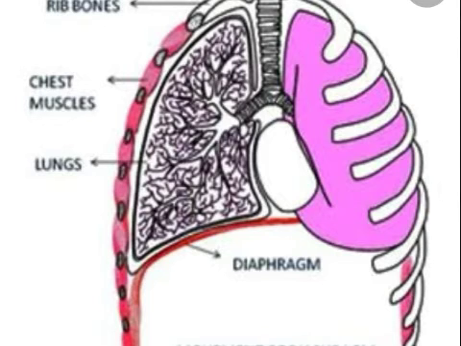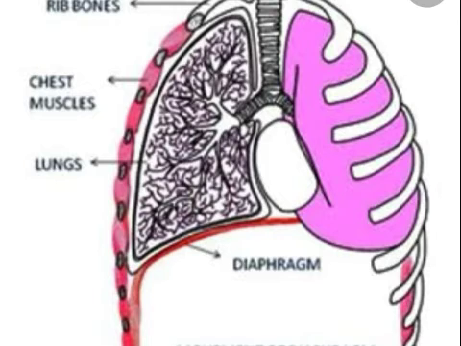The lungs cannot expand or contract on their own. There are other parts and muscles that help the lungs to expand and collapse, to move air in and out of the lungs.